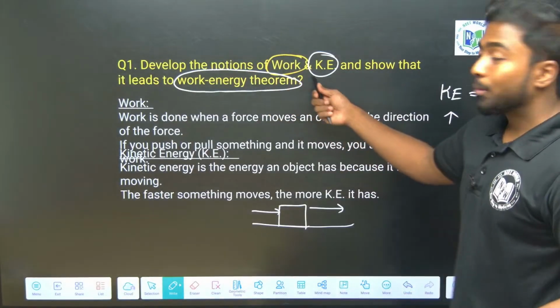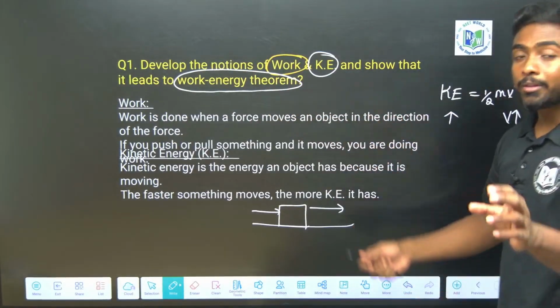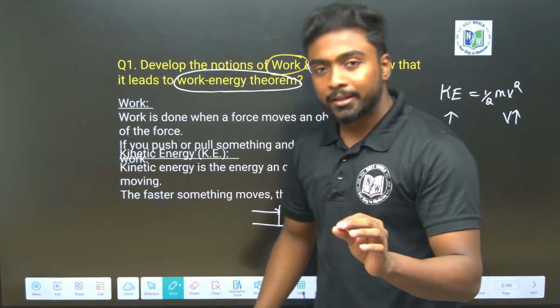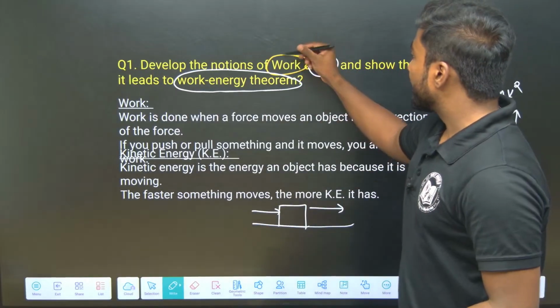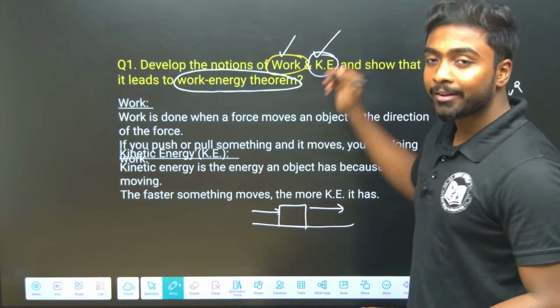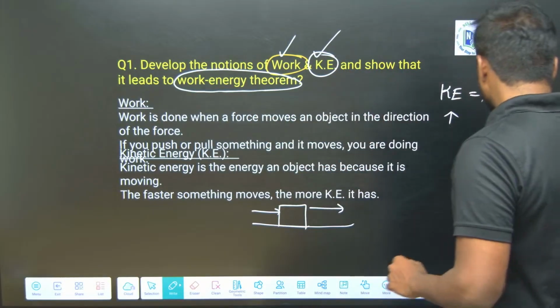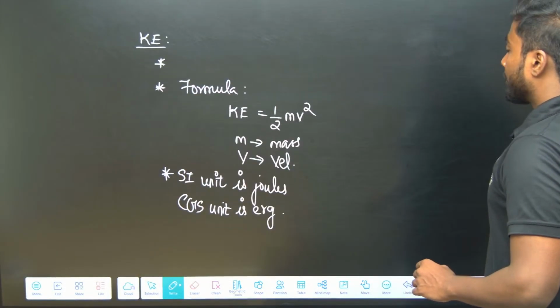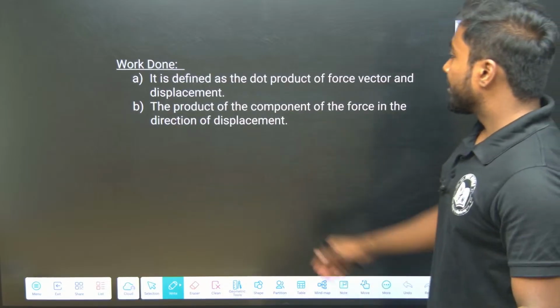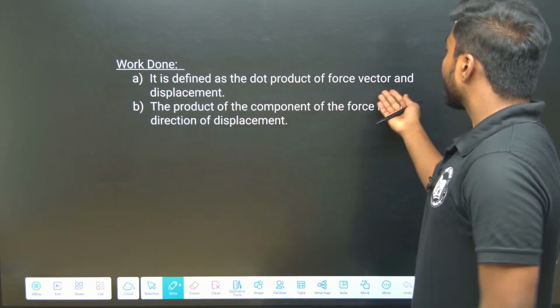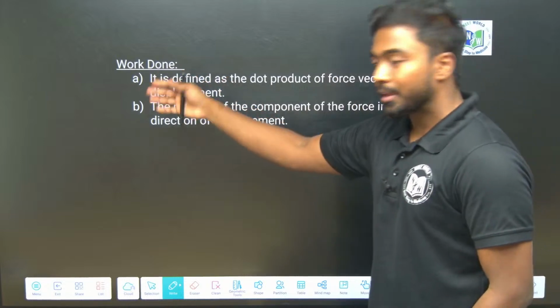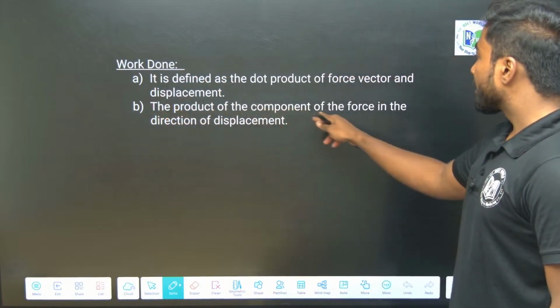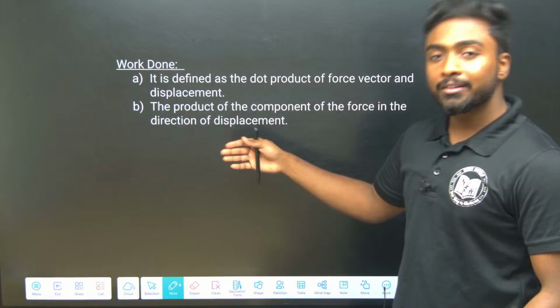Develop the notions of work as well as kinetic energy and show that it leads to the work energy theorem. Okay, first we completed what is work, and the second thing is kinetic energy. Next, work is defined as the dot product of the force vector and the displacement, the same thing I have told, and the product of the component of the force in the direction of the displacement.